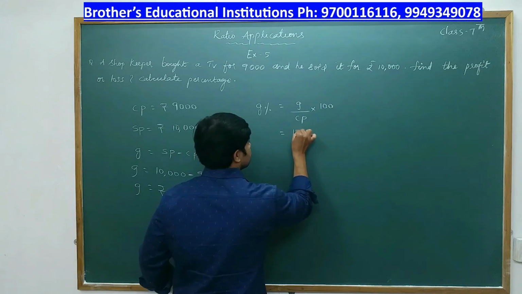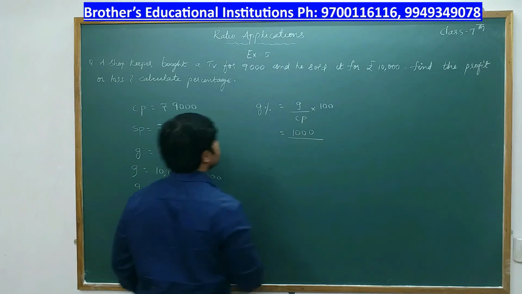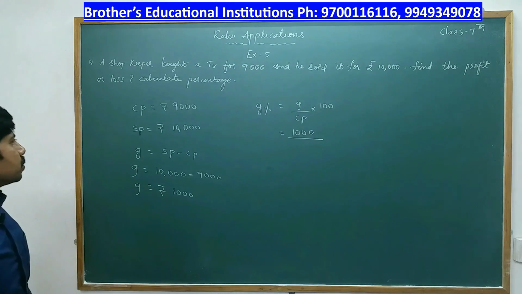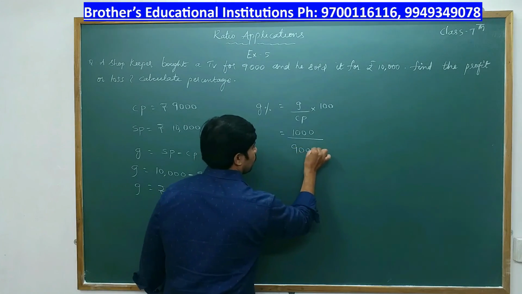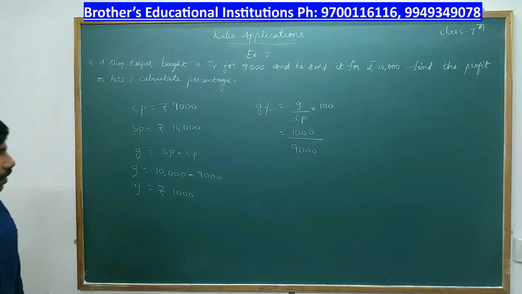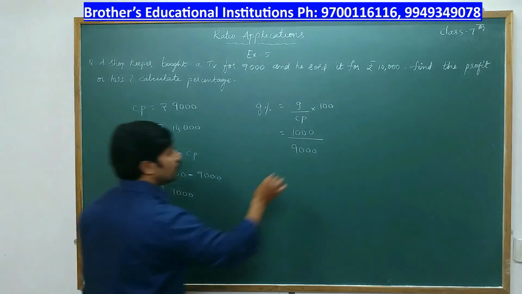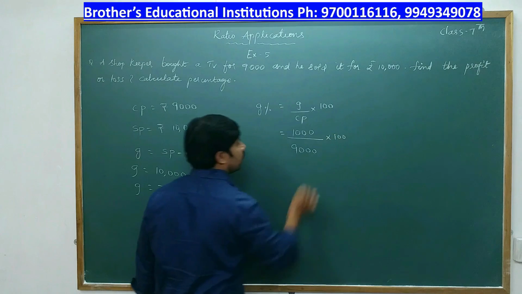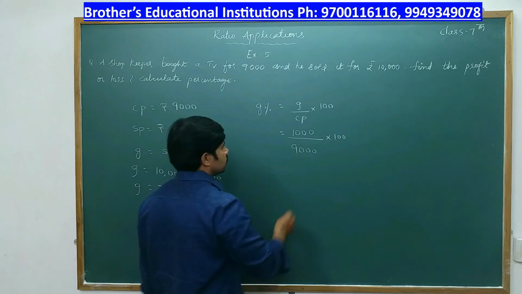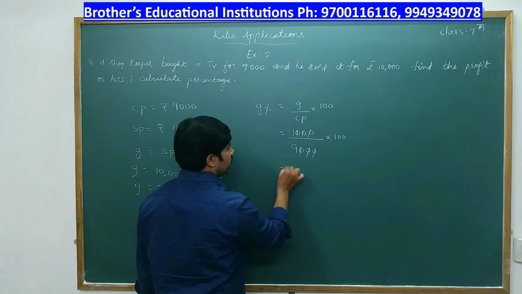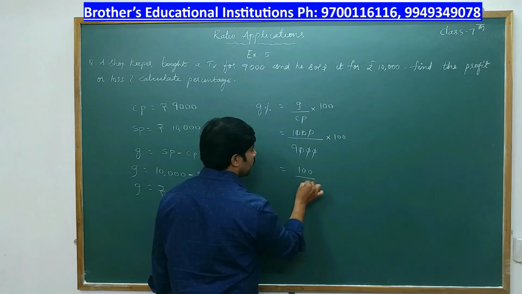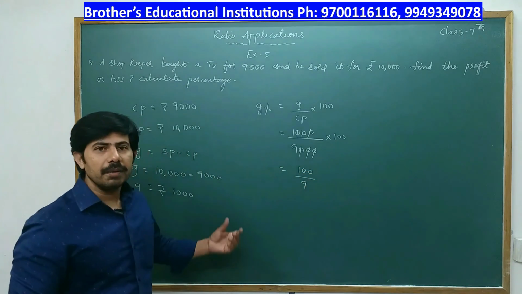Gain is 1,000 rupees by CP. What is the cost price? It is 9,000 rupees. Okay, so 1,000 by CP into 100. If you calculate this, we'll get the gain percent. The three zeros can be eliminated, so we get 100 by 9.